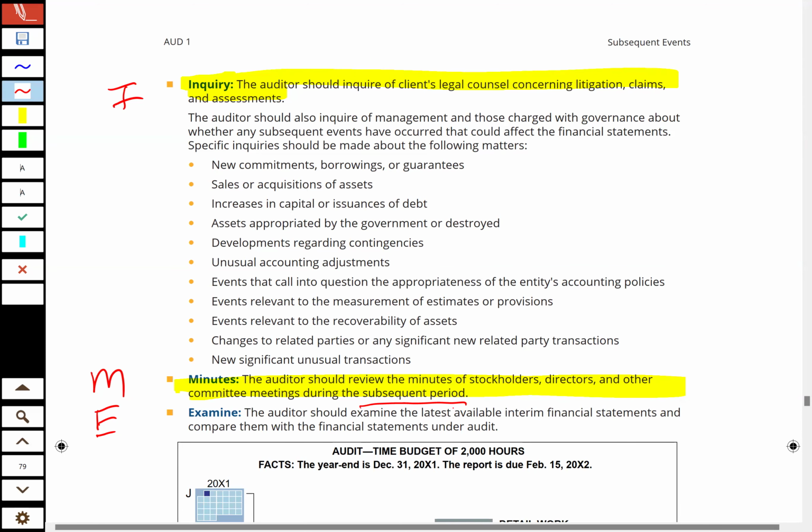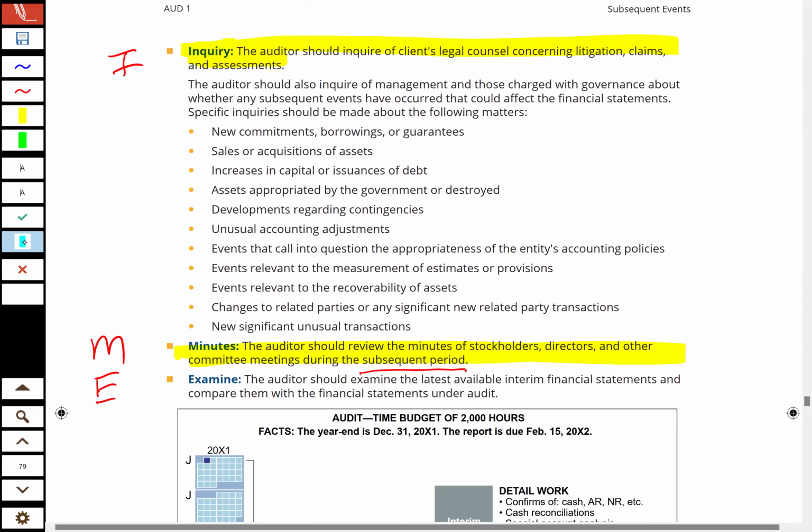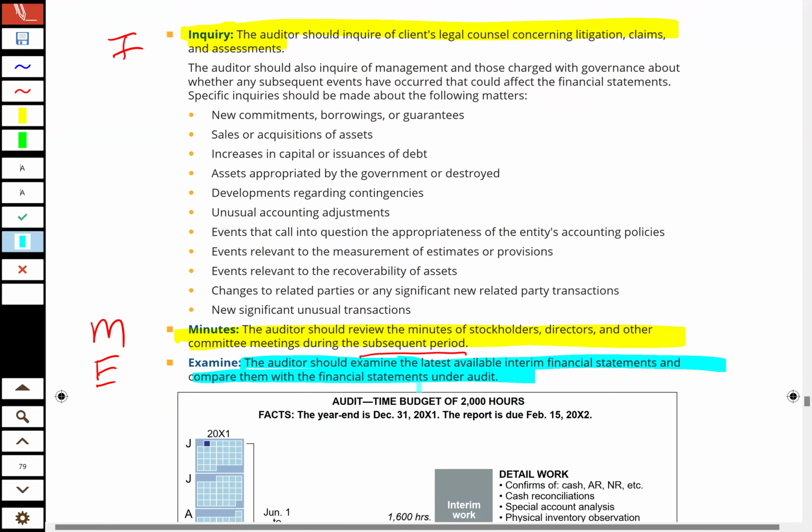Okay, and then examine the latest available interim financial statements, because they're already preparing the statements. They're disclosing things in the interim statements that maybe should have been disclosed in the previous year end statements.